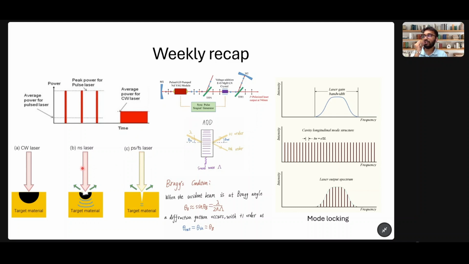And the advantage that we saw in the week's lectures from continuous wave to picosecond or femtosecond laser is the accuracy of your lasing medium onto your target. As we move on from continuous wave laser to a nanosecond laser to a picosecond laser, the accuracy of our laser increases, by means of which you will be targeting only the specific area of lasing that you want in the end.